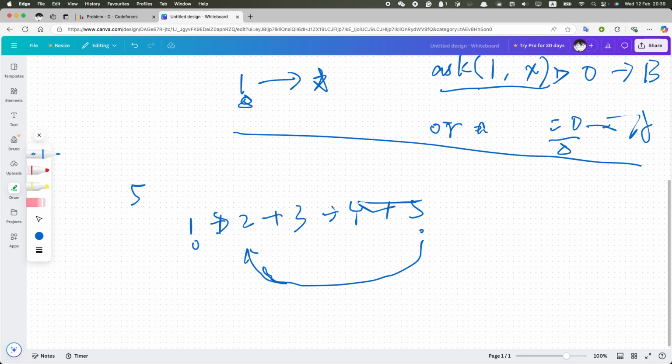if the response is bigger than n minus 1, the answer must be B. That makes sense, right?